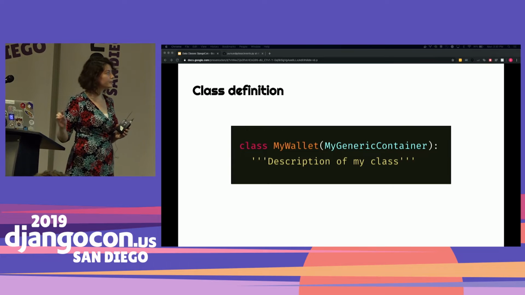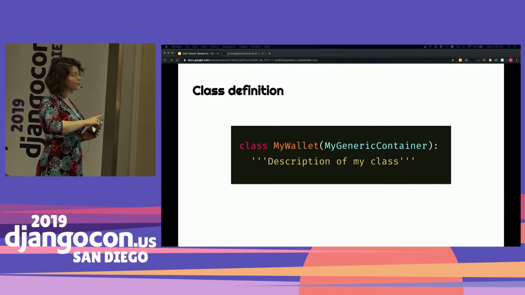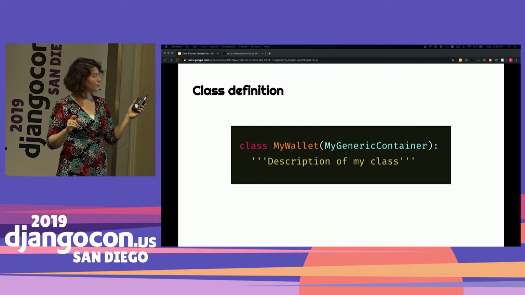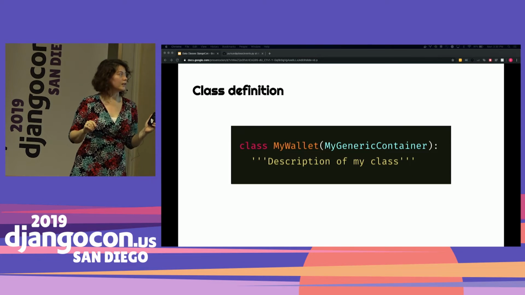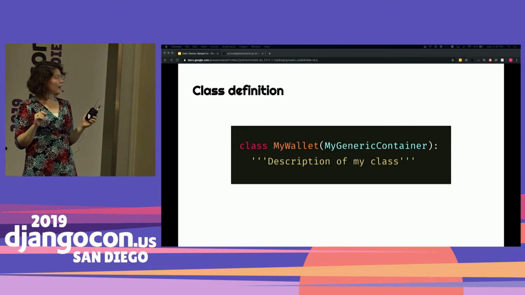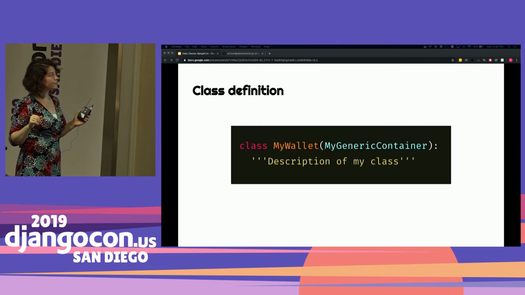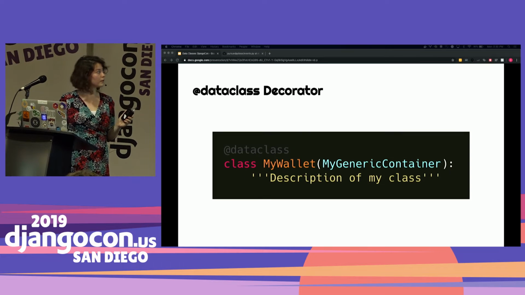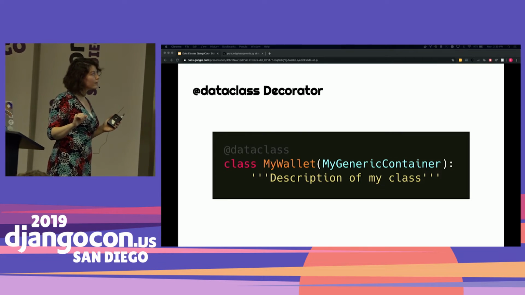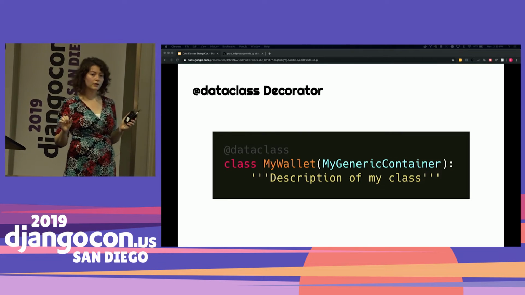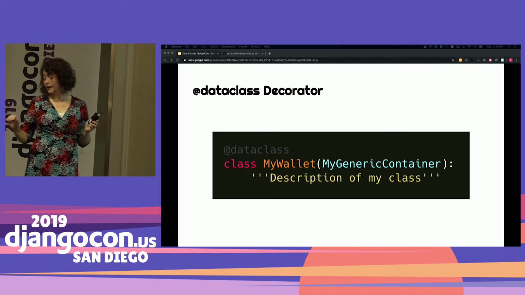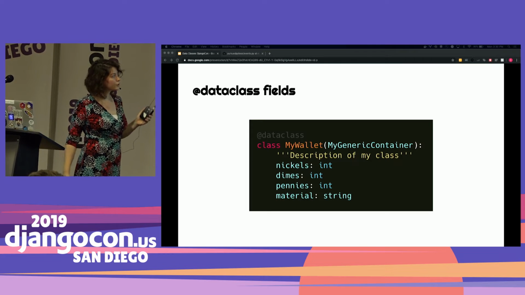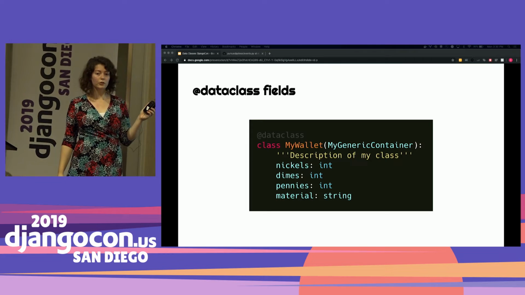So let's make one. Let's make a data class here. We start the same way we'd start any class definition, with class, my wallet, my generic container, so we can inherit, and docstrings to describe my class. The next step, you add that data class decorator, and then you can give it directly what your fields are going to be.